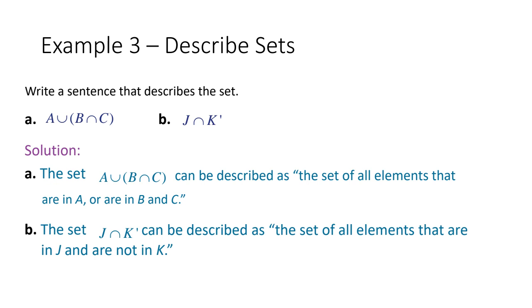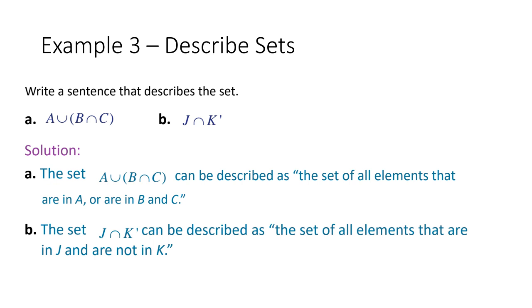It says, write a sentence that describes the set. So the first one has different symbols. If you read it from left to right, this would be the set of elements that are in A, and then we see the union symbol, and remember, the union symbol is or, that are in A, or that are in B and C. So basically, when you write it in words, you're representing the union symbol with the or, as we mentioned, and the intersection symbol with the and.